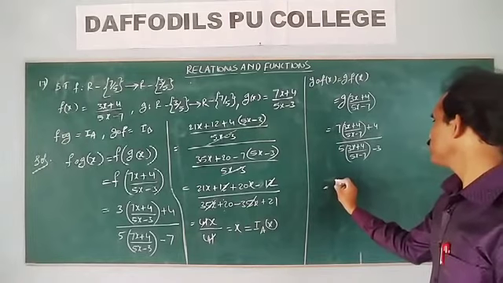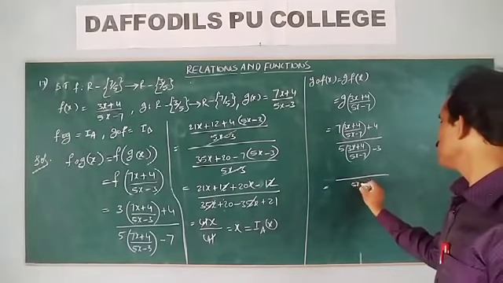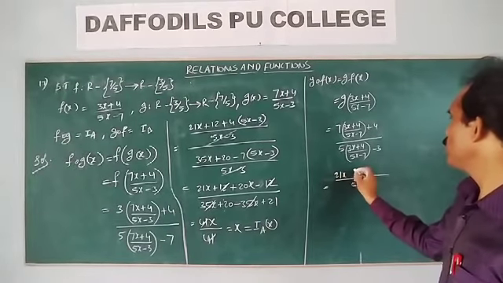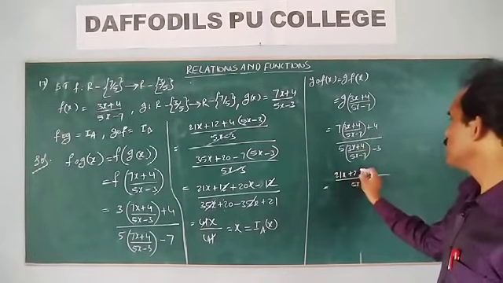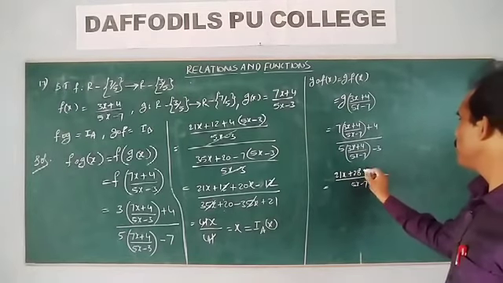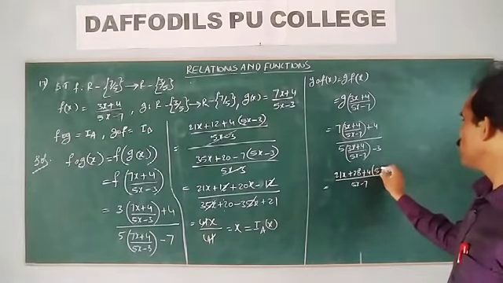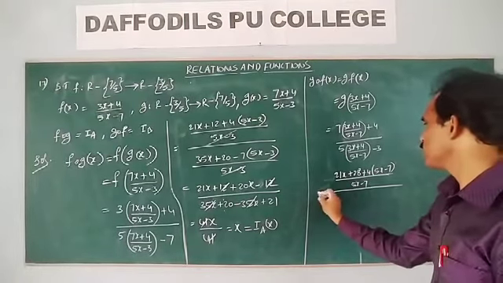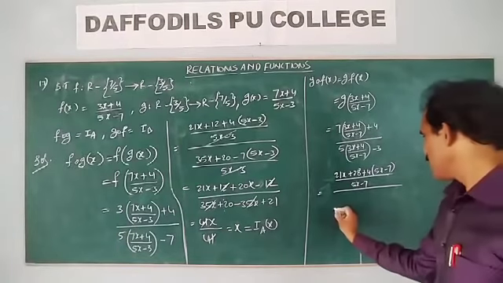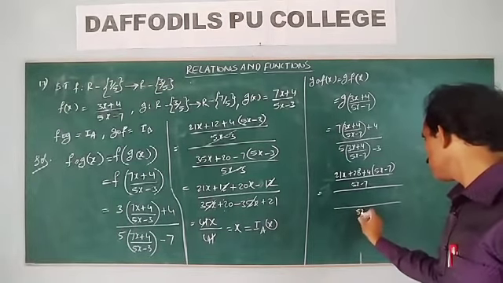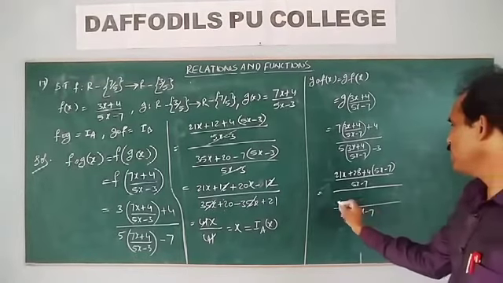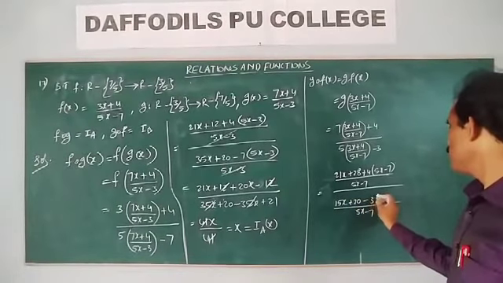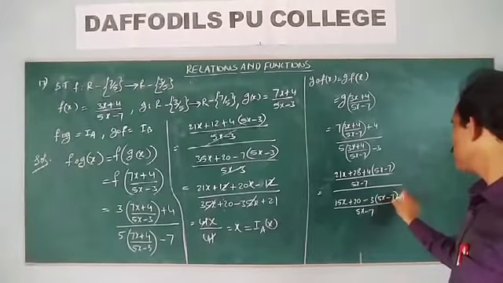Here take the LCM. What is the LCM? 5x minus 7. In the numerator, 7 threes are 21x plus 28 plus 4 of (5x minus 7) whole, divided by, here LCM also 5x minus 7, 15x plus 20 minus 3 of (5x minus 7).